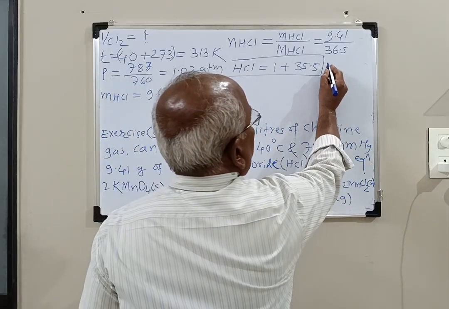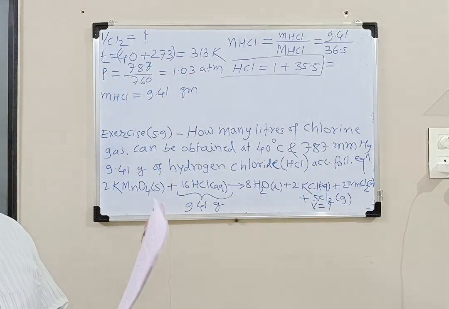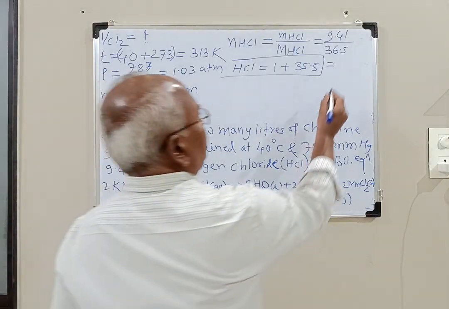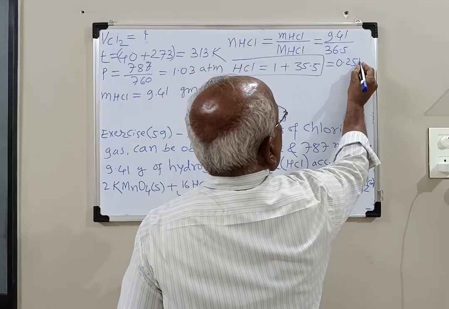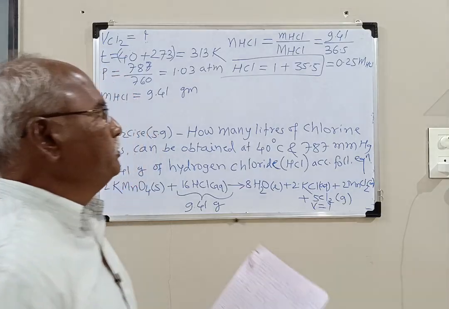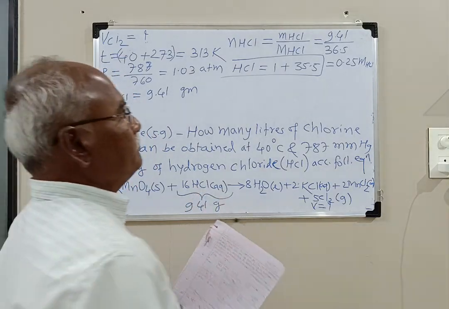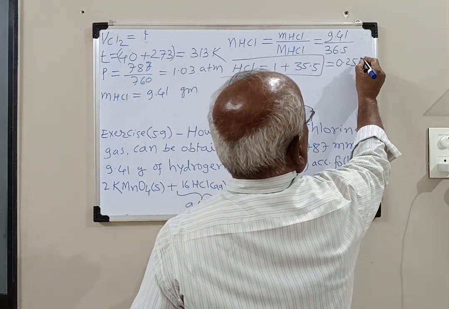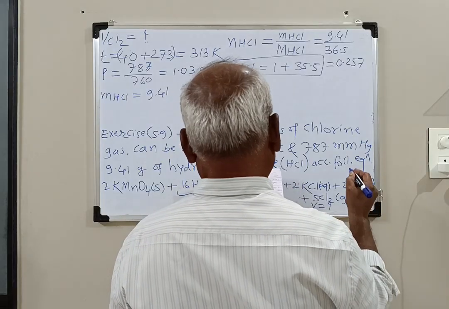So that is equal to 9.41 divided by 36.5, that is equal to 0.257 mole of HCl.